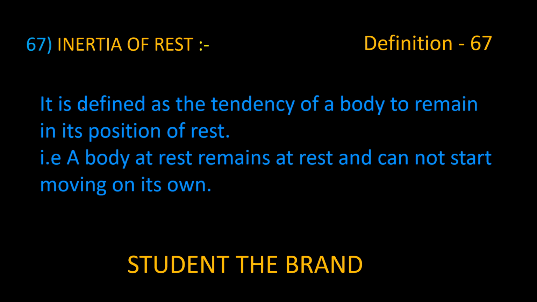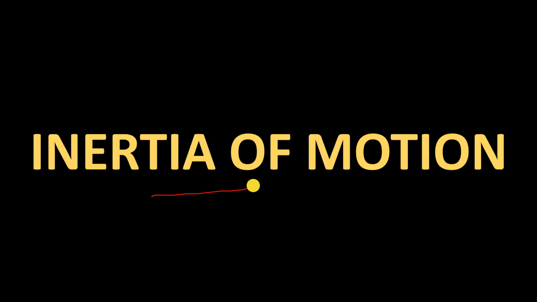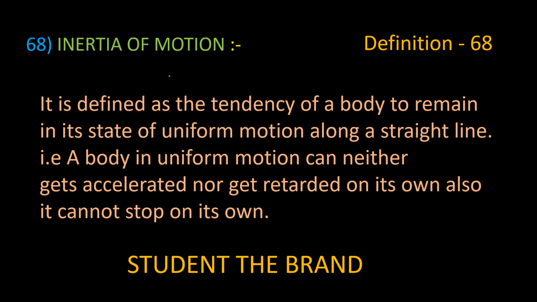Inertia of rest is defined as the tendency of a body to remain in its position of rest. A body at rest remains at rest and cannot start moving on its own. Inertia of motion is defined as the tendency of a body to remain in its state of uniform motion in a straight line.